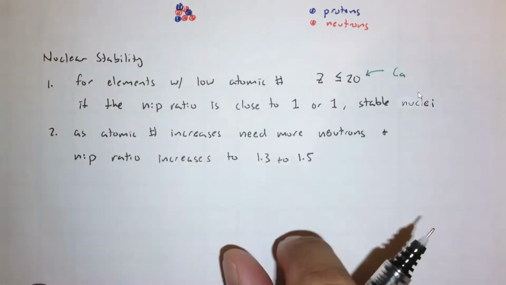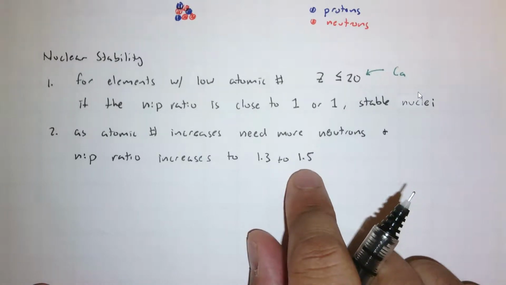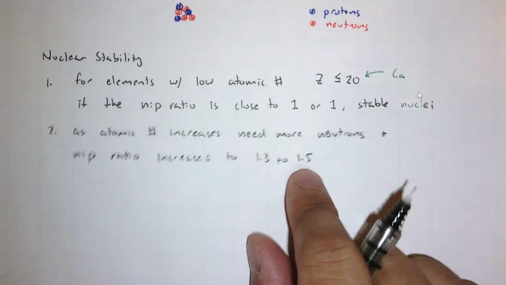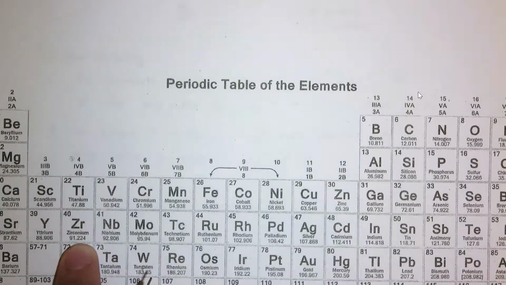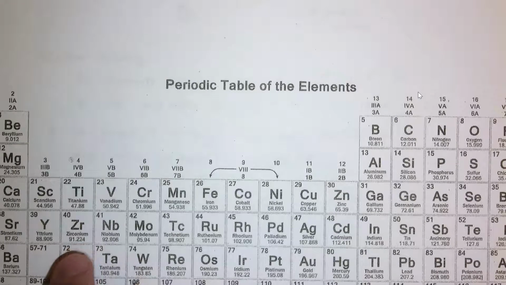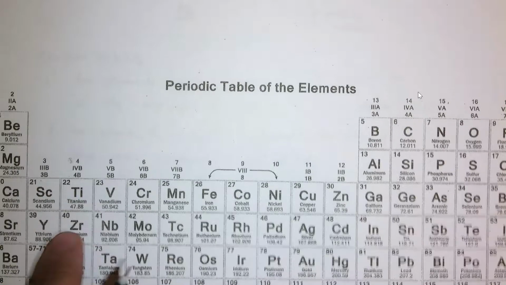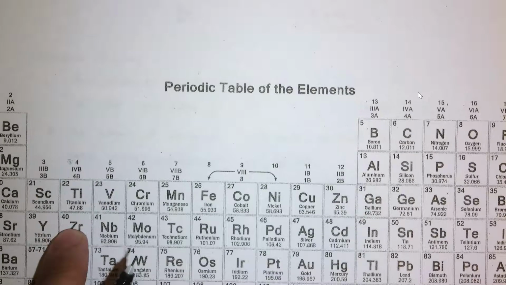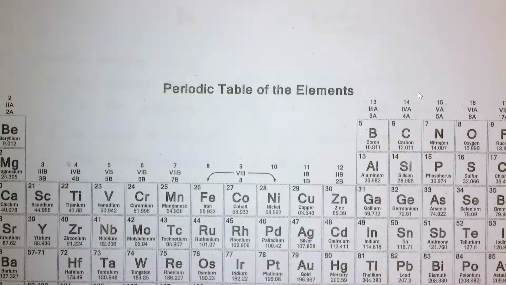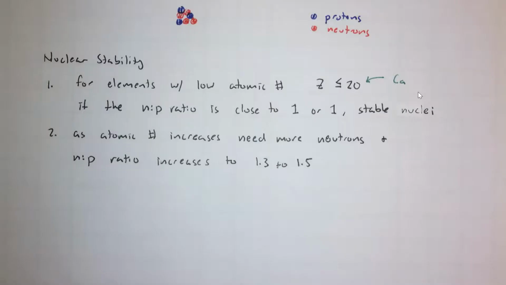So for instance, let's use 1.5. So let's say you have a larger atom. Let's take 40, for instance, zirconium. And you want a neutron to proton ratio of 1.5. What's 1.5 of 40? 60. 60 neutrons and 40 protons, that is very likely to be stable because the neutron to proton ratio is 1.5.